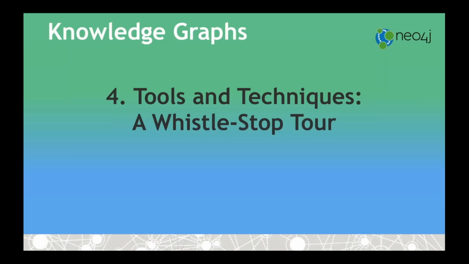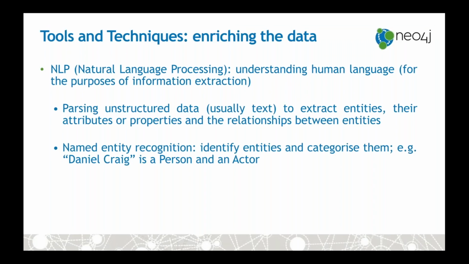So what I'm going to do now is walk you through a few ways people are using to enrich their graph, and also to manage and search their data. First of all, the one that springs to mind a lot, and I'm sure all of you have heard of this, is natural language processing, which is defined essentially as understanding human language.